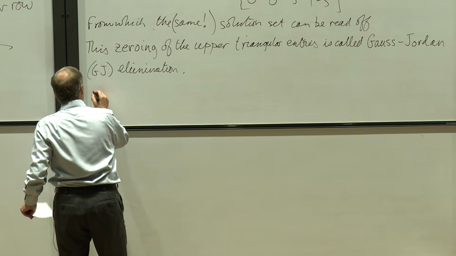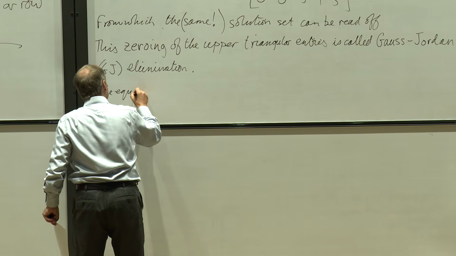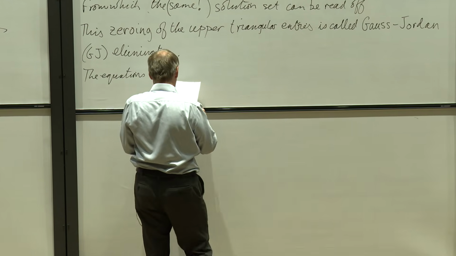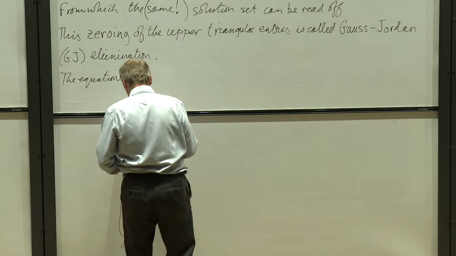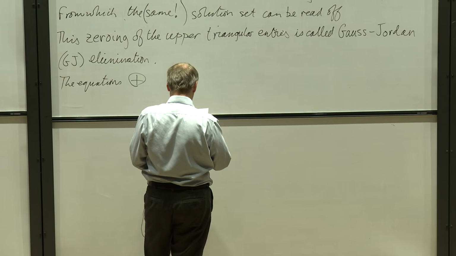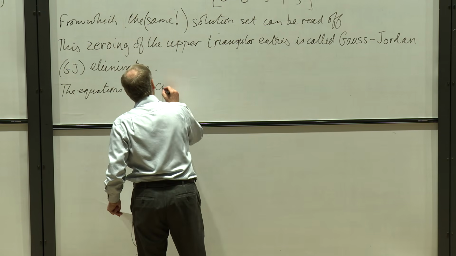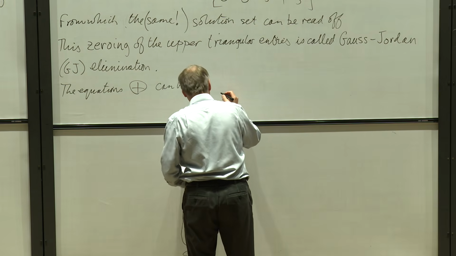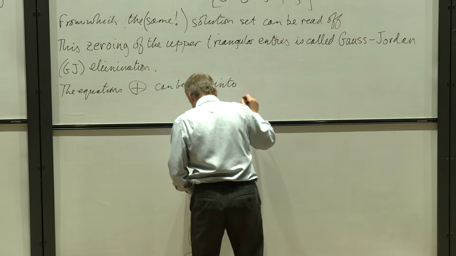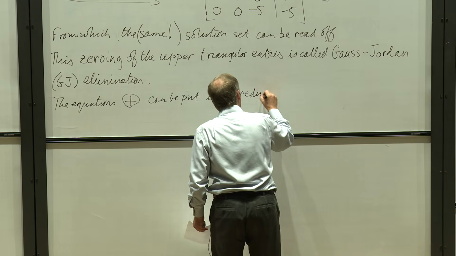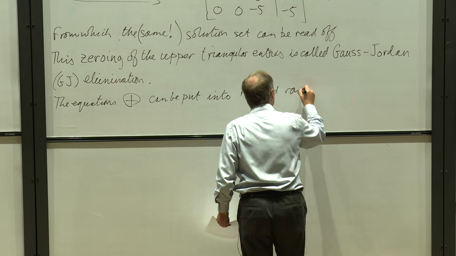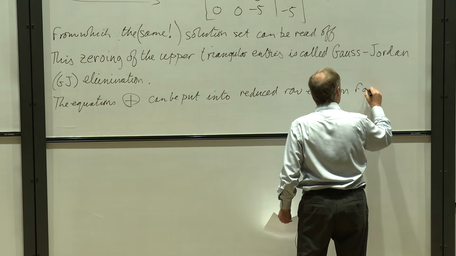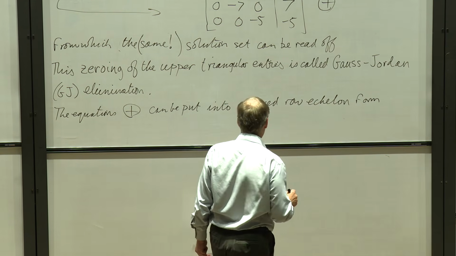Okay. So the equations plus here can be put into a reduced row echelon form. It's clearly a mouthful even for me, so I'm not going to call it that.